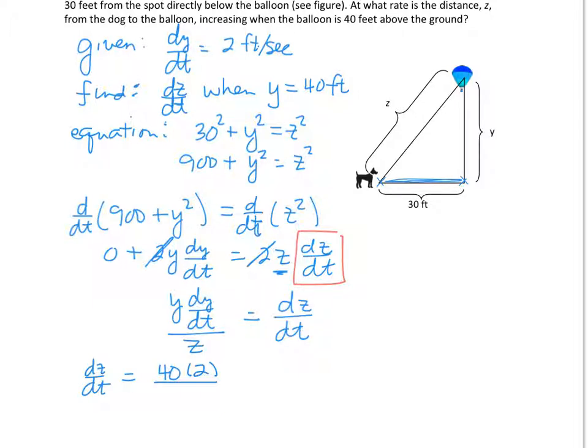Now we're not explicitly given z, but we are given enough information to find z. So remember, we're trying to find dz/dt at the instant that y is equal to 40. So I'm going to go back and look at this right triangle.